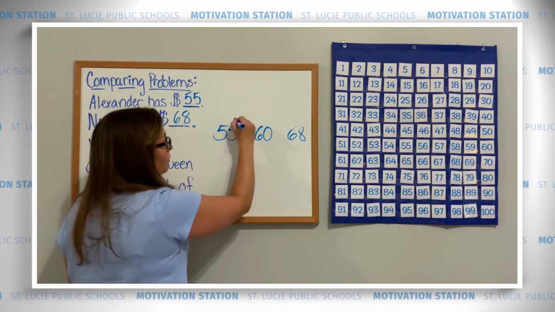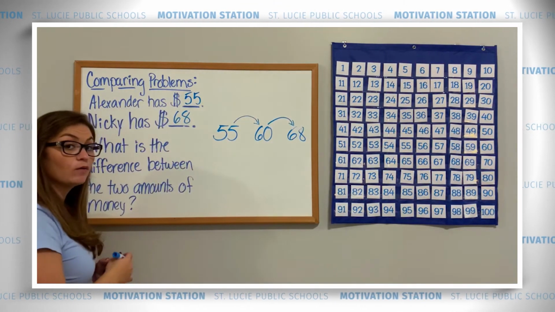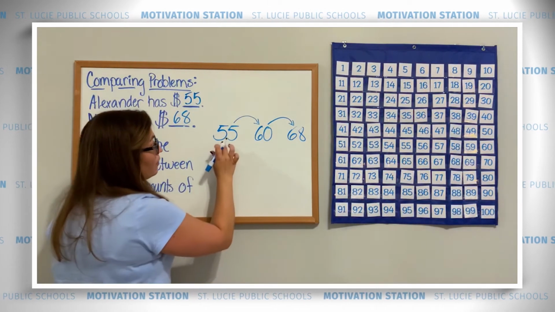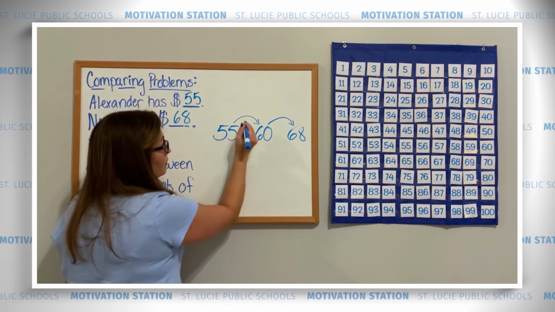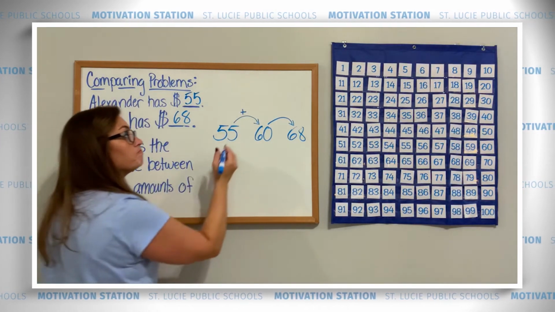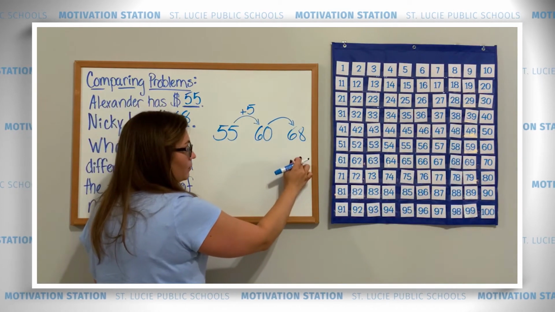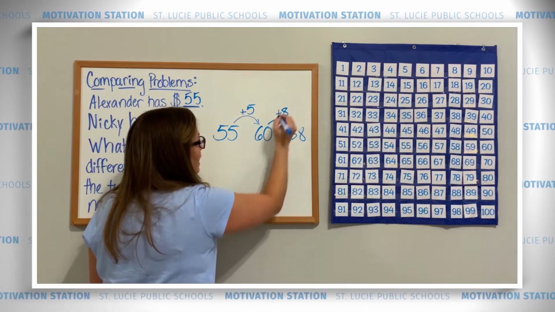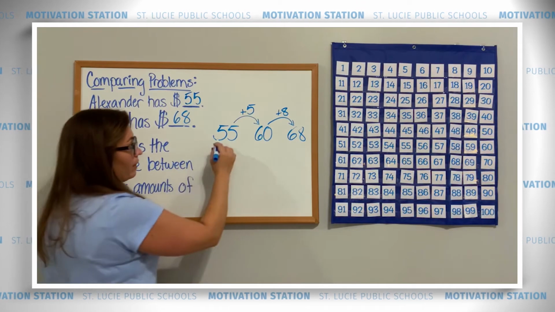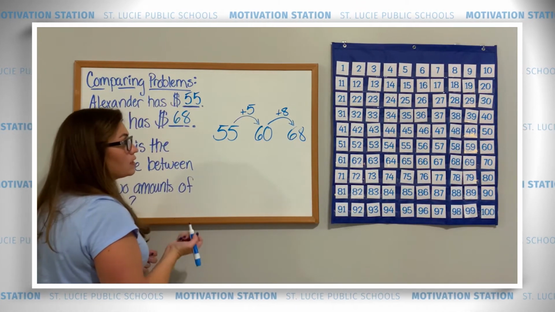I could make a jump to 60 and then make a jump to 68 to figure out what my big jump would be. 55 to 60, we're going forward, so we're adding, would be plus 5. 60 to 68, well that's easy, that's plus 8. So I make a jump of plus 5 and a jump of plus 8. So what is my total jump?